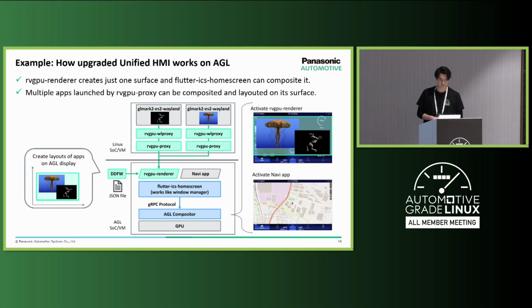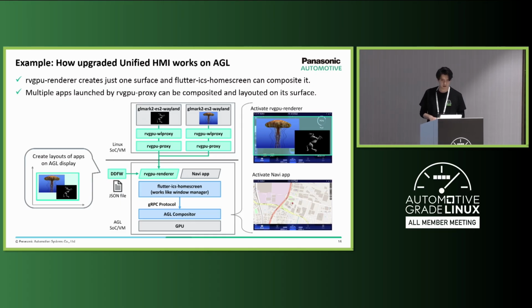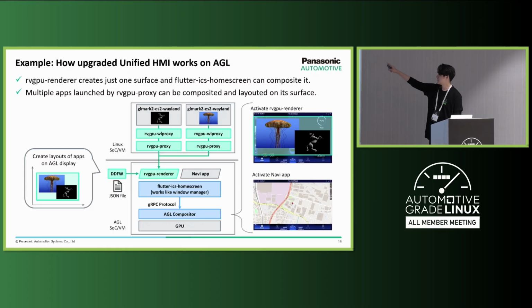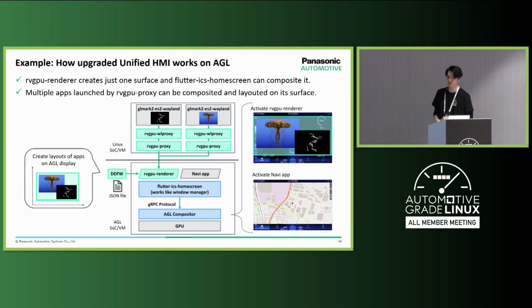In the diagram, RBGPU renderer composites two GL Mark II applications on one surface, like the left diagram. And if you activate the RBGPU renderer surfaces, you can see such applications on the Flutter ICS home screens.